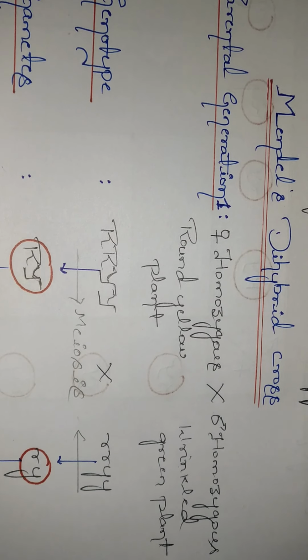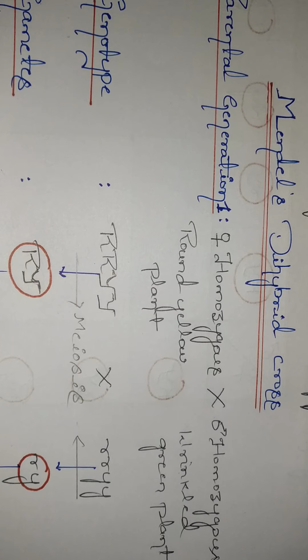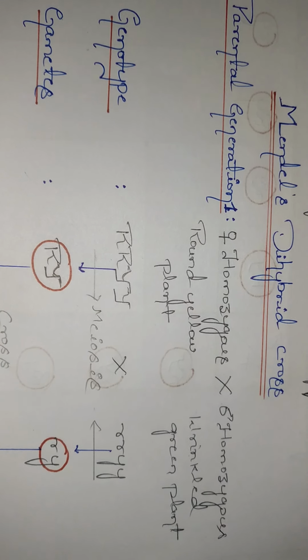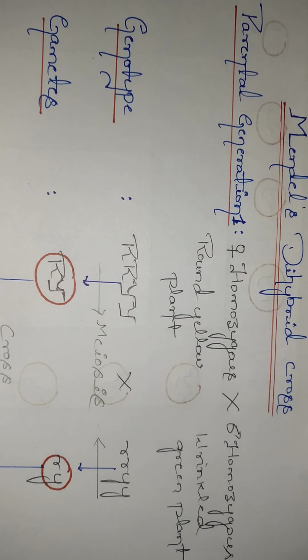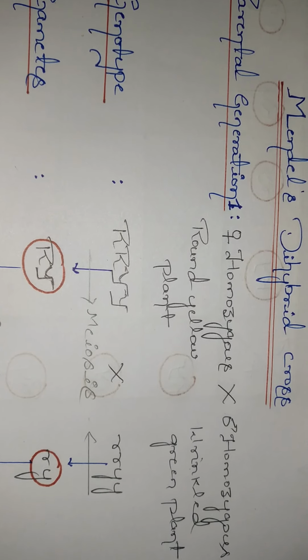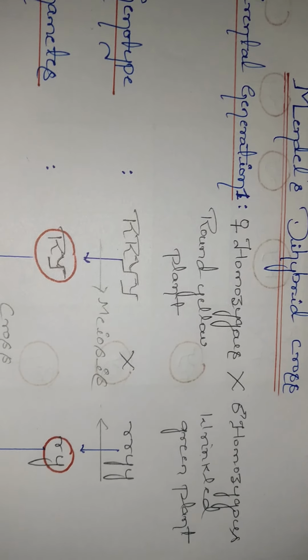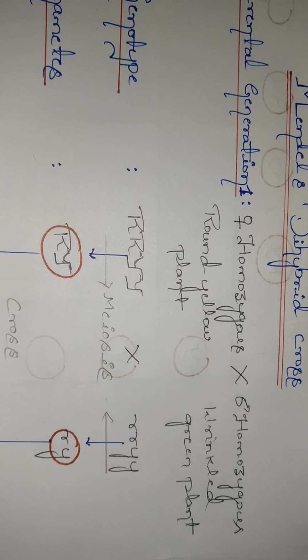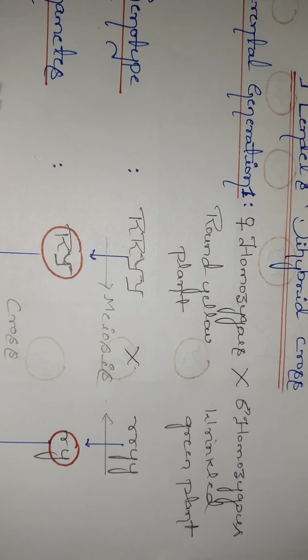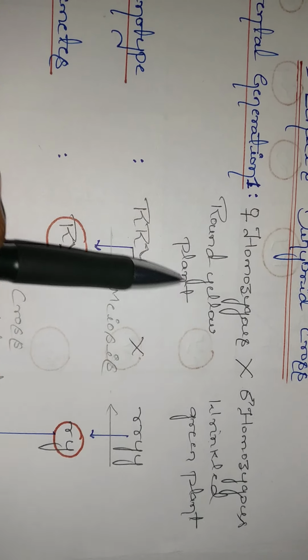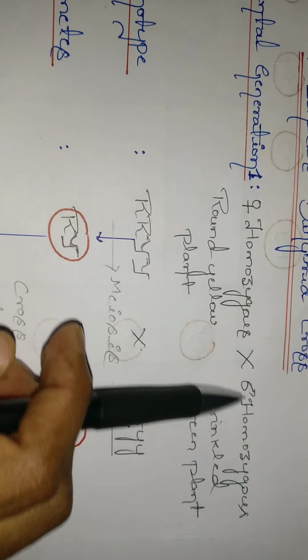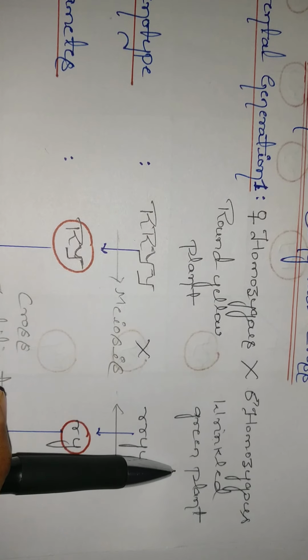As I told you before, it represents two parents with two different characters, right? The two different characters Mendel selected were round yellow plants and wrinkled green seeds. So the parental generation is a male homozygous round yellow plant and a female homozygous wrinkled green plant.